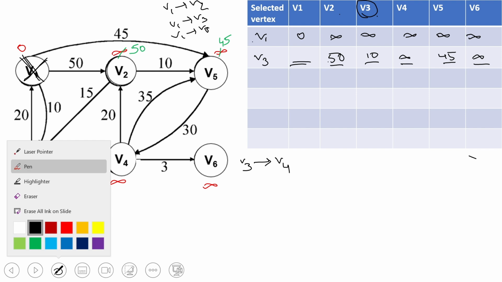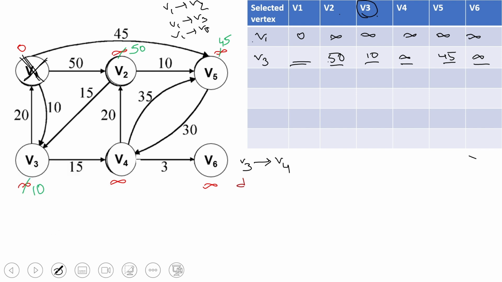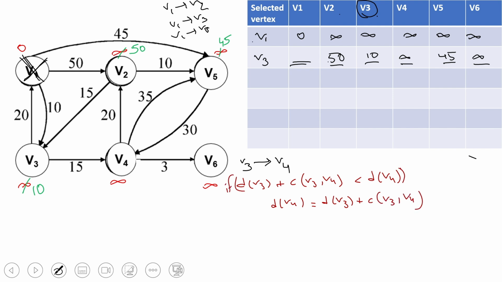Okay, let's do this. Do you remember the formula? Distance of v3 plus cost of v3 comma v4 is less than distance of v4. Then obviously distance of v4 equals distance of v3 plus cost of v3 comma v4. Only if this condition is true should you change the values.